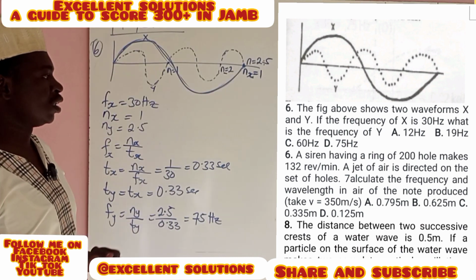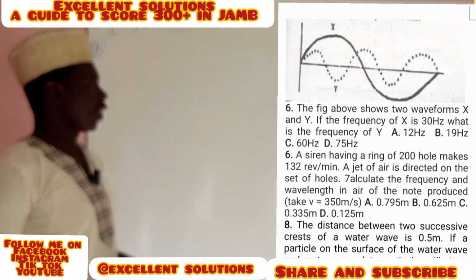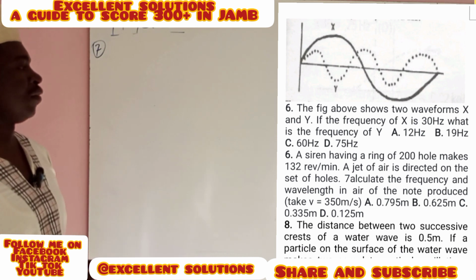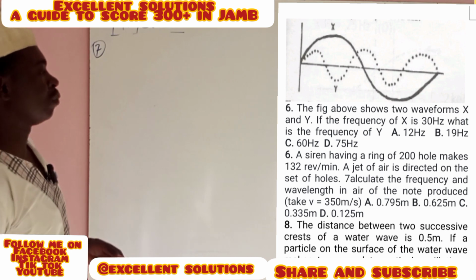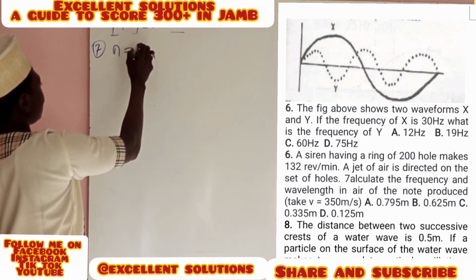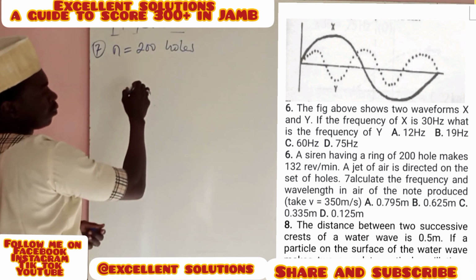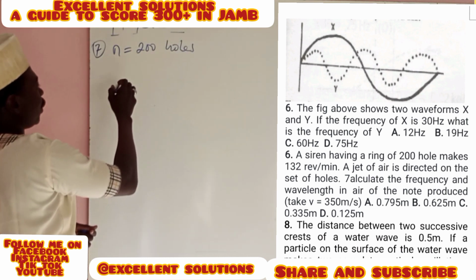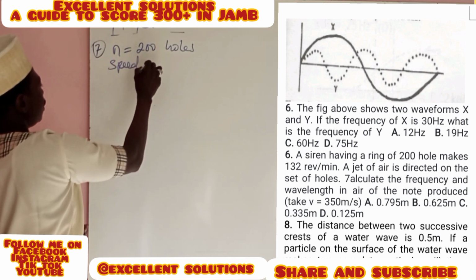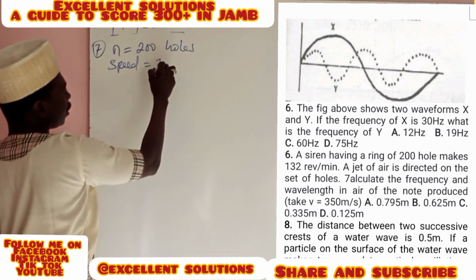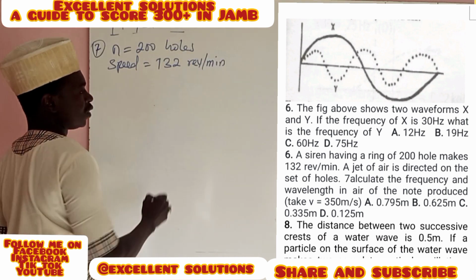Kindly keep on watching till we solve these questions. The next question is question 7. Question 7 says a siren having a ring of 200 holes makes 132 revolutions per minute. So the number of holes is 200, and the speed is 132 revolutions per minute.